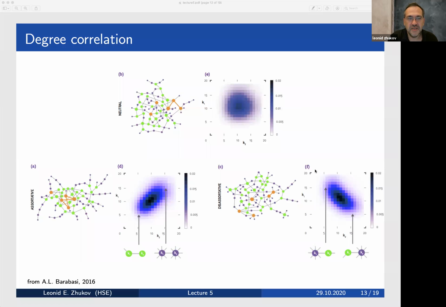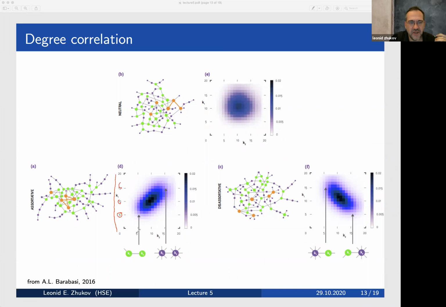And here is an example. The way to understand this is the following. If we look at this picture, it is done for 2 nodes because correlation is a pairwise property. On the vertical axis, we have the degree of one node, K1, for example a node with 5 neighbors, 10 neighbors, 15 neighbors.